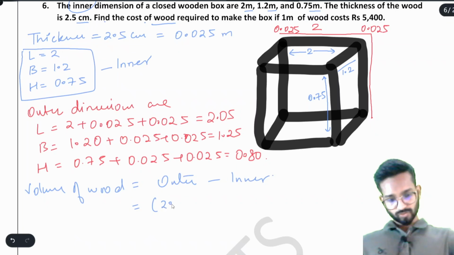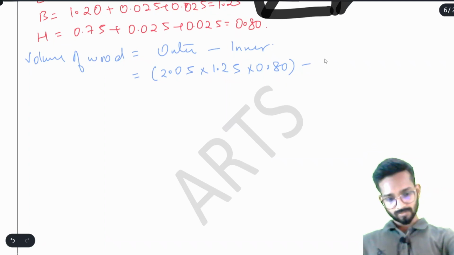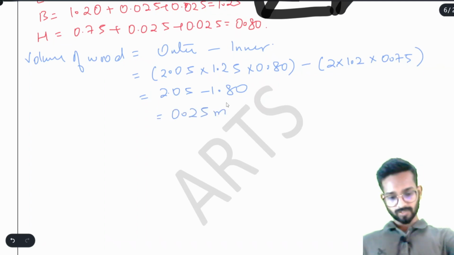Outer is 2.05 multiply 1.25 multiply 0.80, minus the inner part, which was 2 into 1.2 into 0.75. So the answer will be 2.05 minus 1.80, that is 0.25 meter cube.